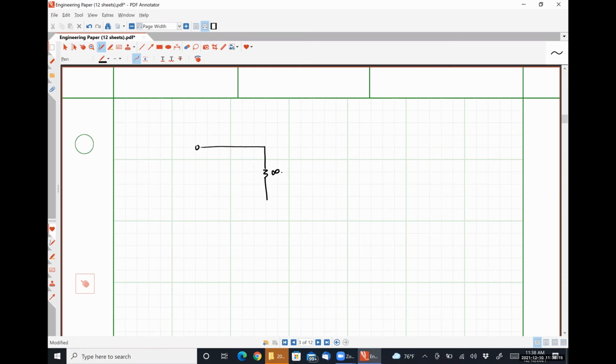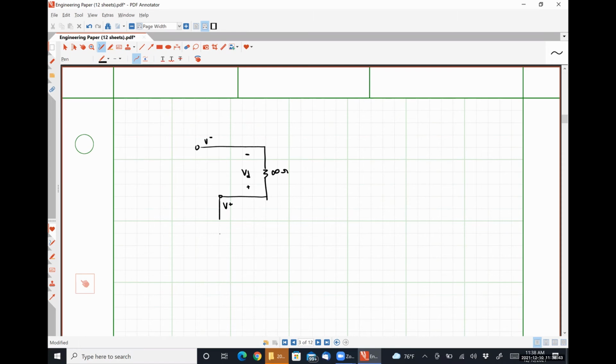So this is an infinitely large resistance. This is V minus. This is V plus. This is our differential voltage VD.